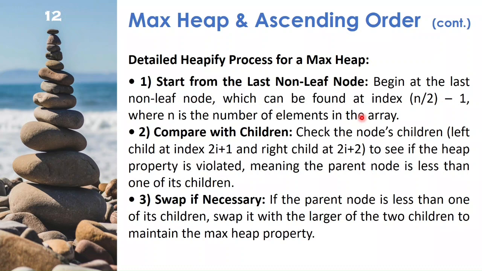For example, if you have a max heap and the root is removed, then we might end up with a parent that's smaller than the child. So that's why we should reheapify, and we should ensure that the max heap property is maintained. Each parent is bigger than or equal to its children.